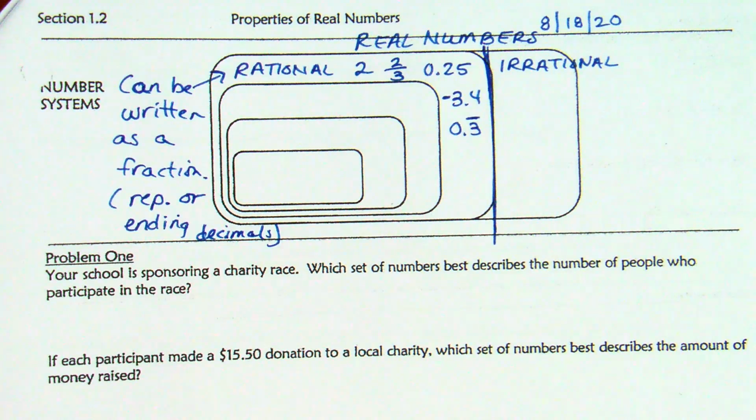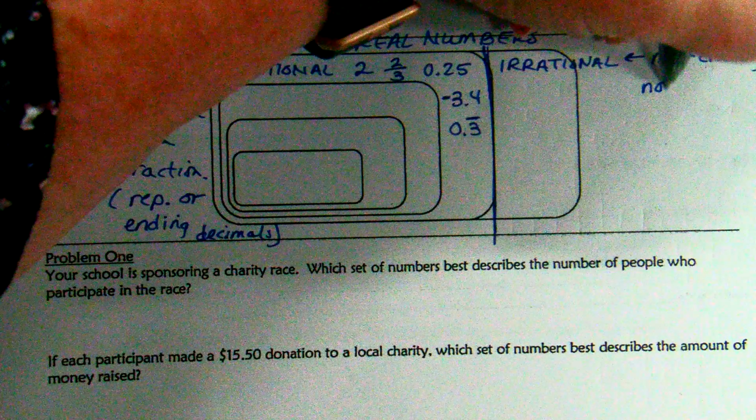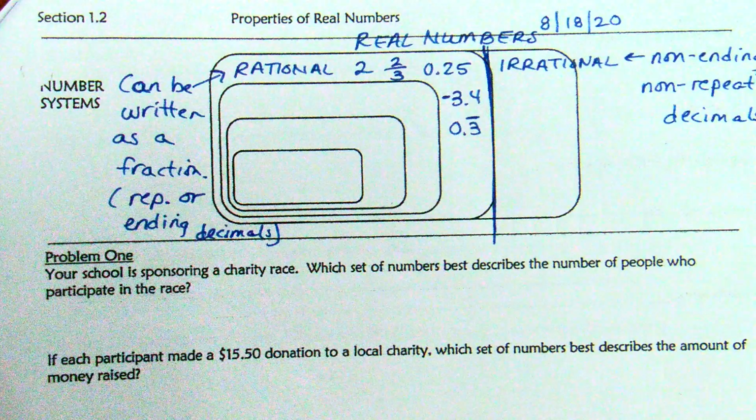So these are the things that can't be made into fractions. So I'm going to write this out as non-ending, non-repeating decimals.